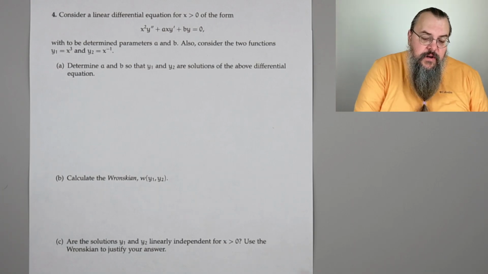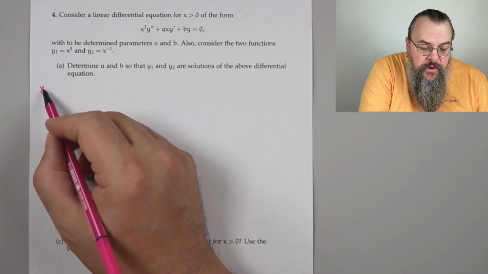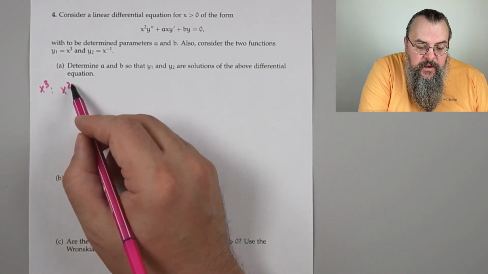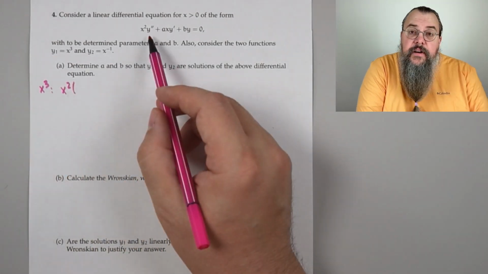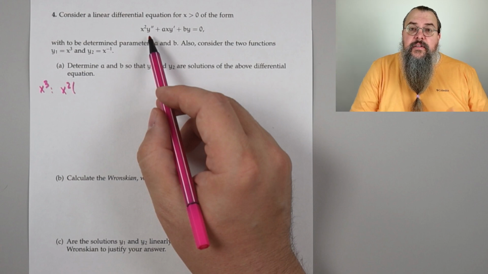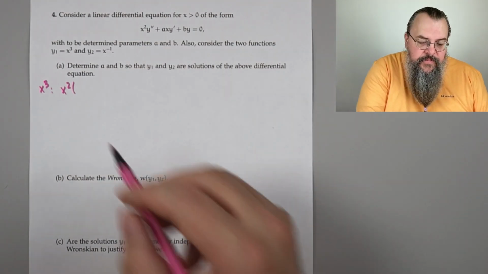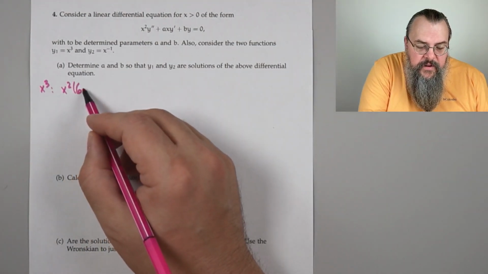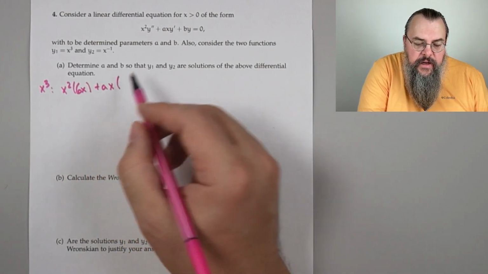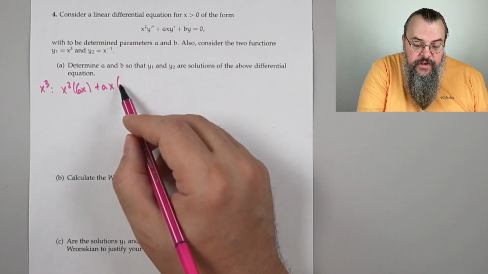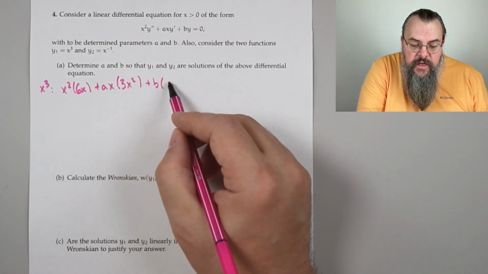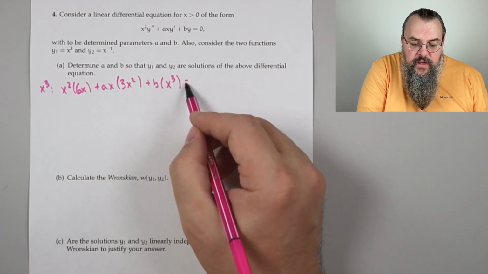So let's start with x cubed. Plugging x cubed in, what do we have? We have x squared times the second derivative of x cubed. The first derivative is 3x squared, and the derivative after that is 6x. So we have x squared times 6x, plus a x times the first derivative, 3x squared, plus b times the function, x cubed, equals 0.